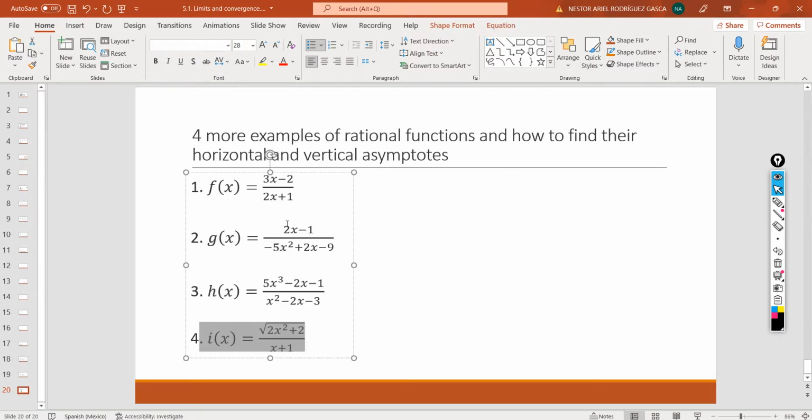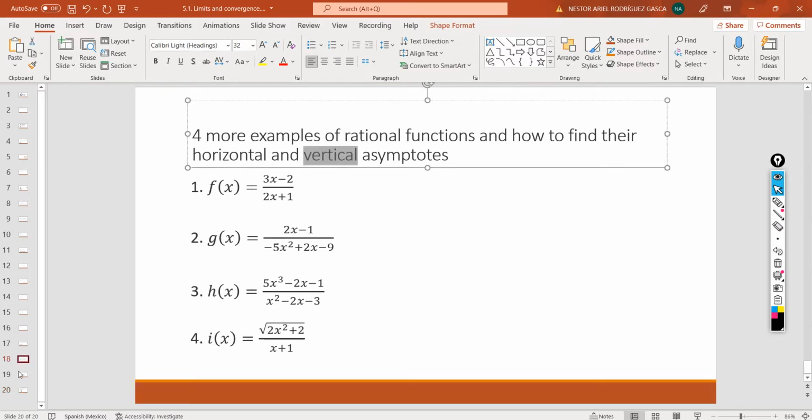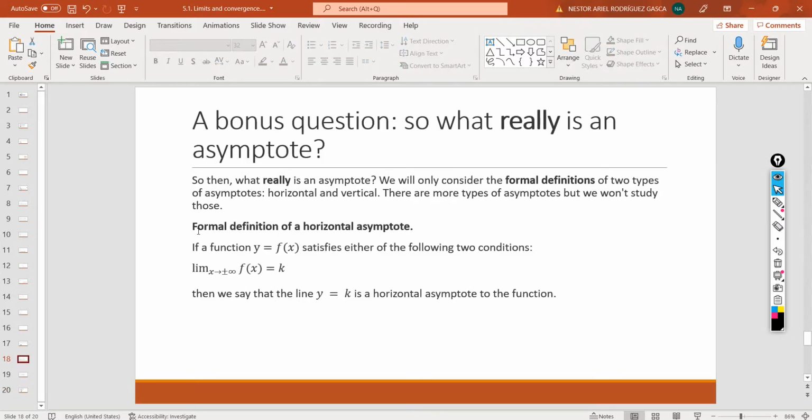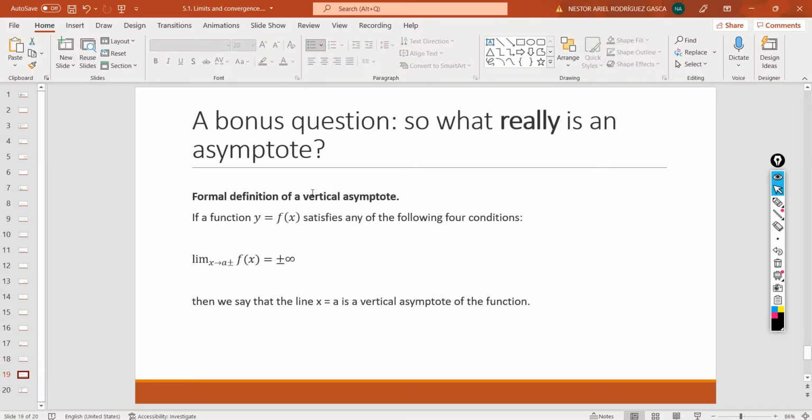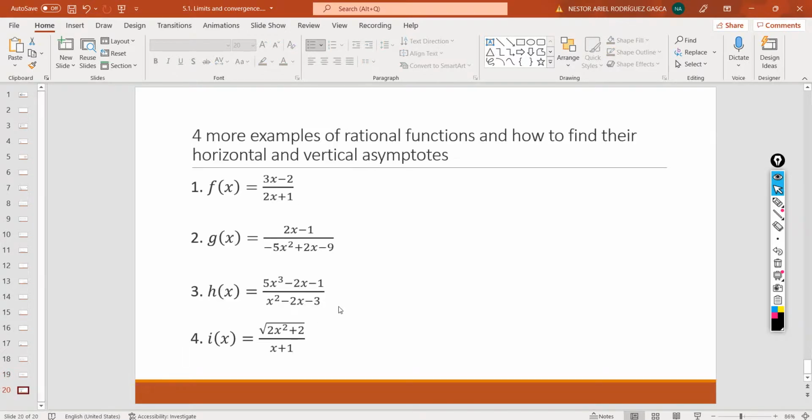These types of rational functions and how to find their horizontal and vertical asymptotes using the formal definition of a horizontal asymptote and the formal definition of a vertical asymptote. So that's what we'll do. Thank you, guys.